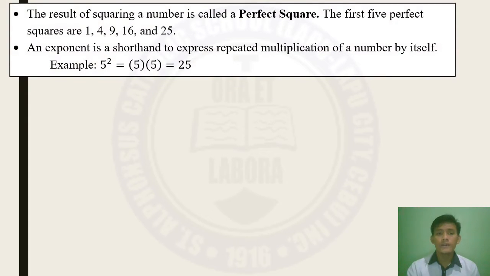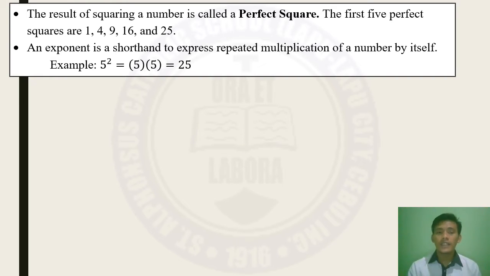The result of squaring a number is called a perfect square. The first 5 perfect squares are 1, 4, 9, 16, and 25.